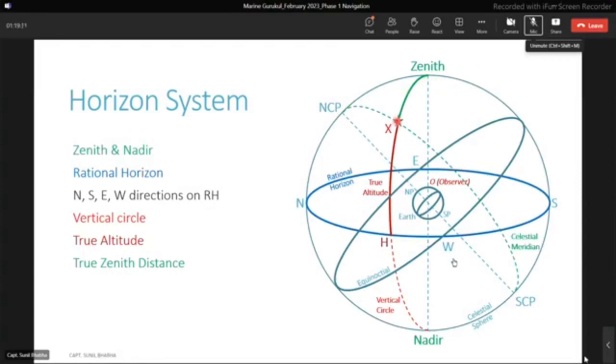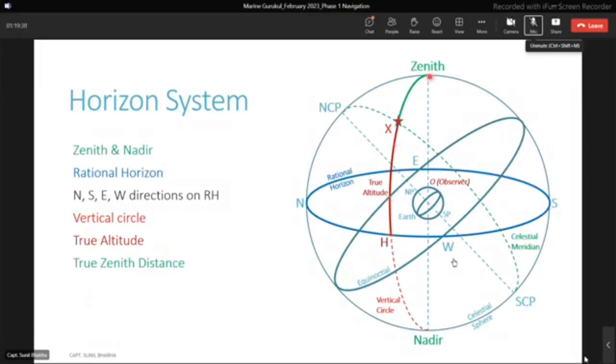Now we know that from the zenith, if you go up to the rational horizon along any vertical circle, the distance is 90 degrees. In fact, that is in the definition of the rational horizon also. It's a great circle on the celestial sphere, every point on which is 90 degrees away from the zenith as well as the nadir of the observer.